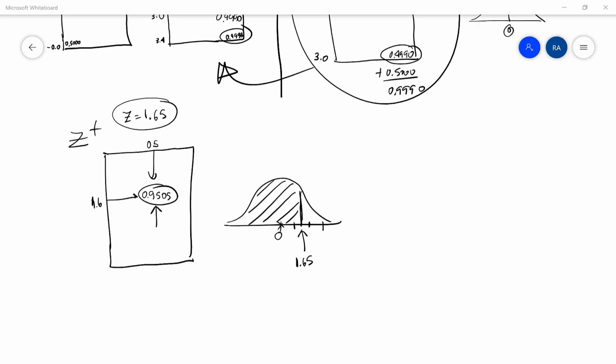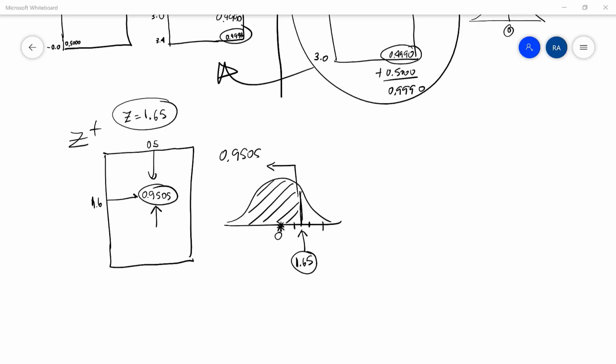That means that the probability to the left of one point located 1.65 standard deviations from the center, this area, is 0.9505, or you can interpret it this way: 95.05% of all values have a z-score below 1.65.